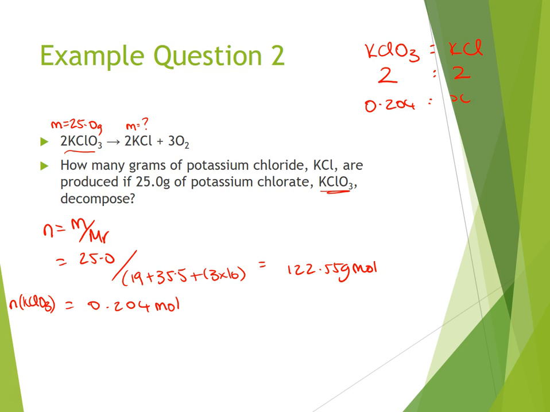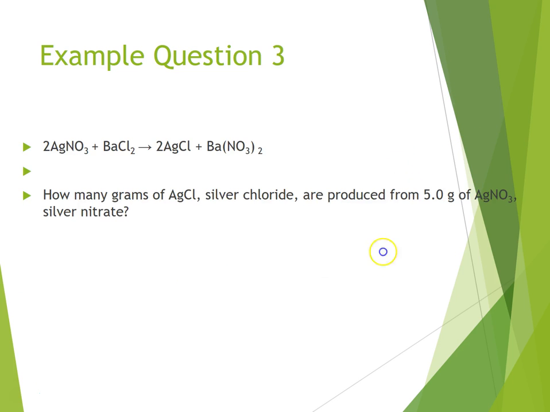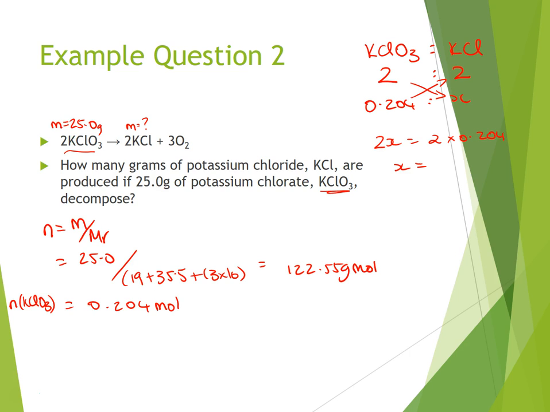This is set up as a ratio, so I can just cross multiply and write it now as 2x is equal to 2 times 0.204. So x is equal to, when the 2s cancel each other out, 0.204, which makes sense because it's a 2:2 ratio, which is the same as a 1:1.